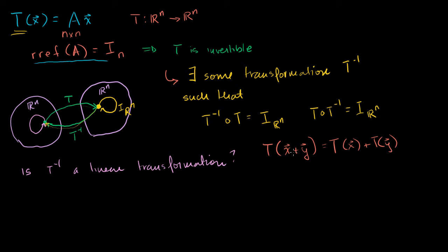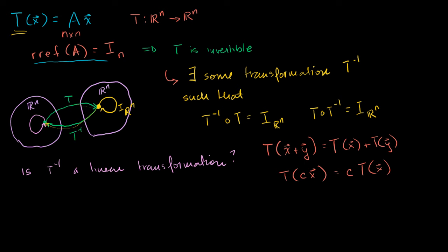That's one thing that we know is true for all linear transformations. And the second thing we know is true for all linear transformations is that the transformation of some scaled version of a vector in our domain is equal to the scaling factor times the transformation of the vector itself. These are both conditions for linear transformations.